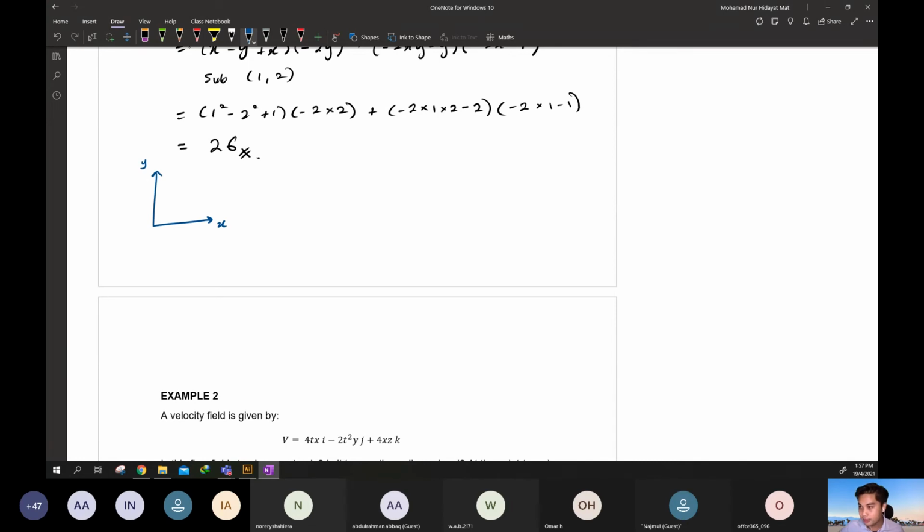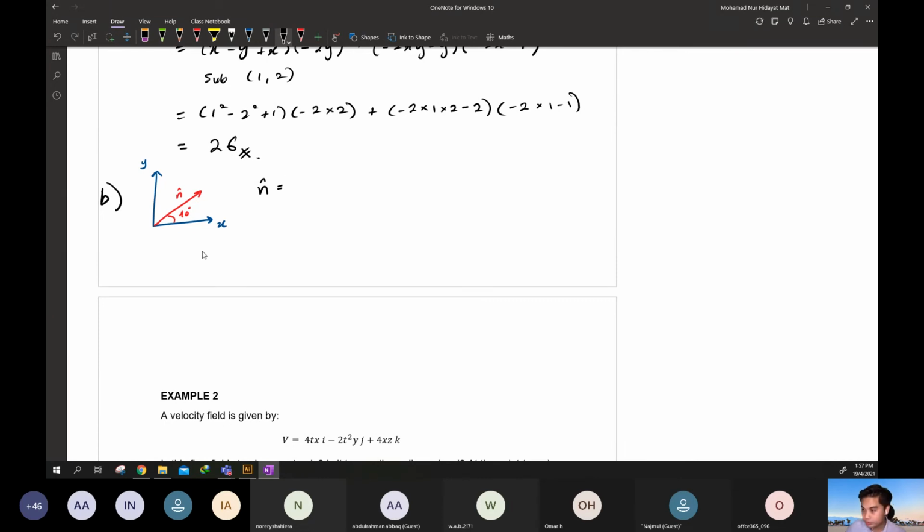We want to have the vector in terms of 40 degrees. So what we need to do is find the unit vector n only. We name it n. This is question B. So n, the unit vector, means the magnitude is 1.